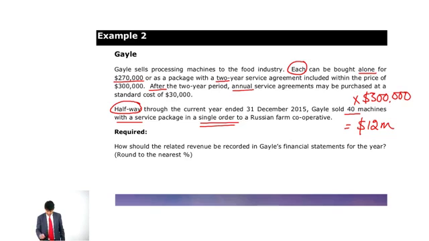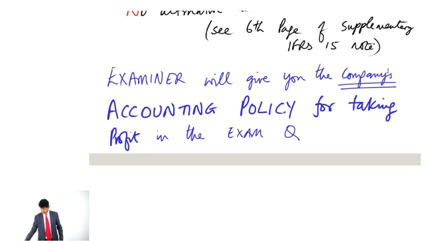So let me go back to where we were doing our writing and see if we can set up another page. As I say, the question will be very clear as to how to deal with it should the examiner go for more long-term construction contracts. So, example 2, called Gale, from the special handout.